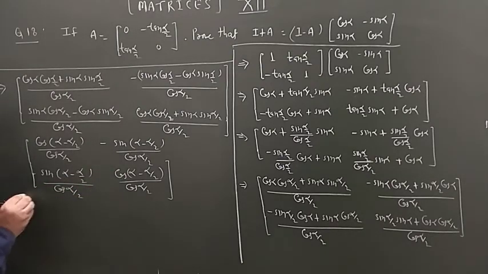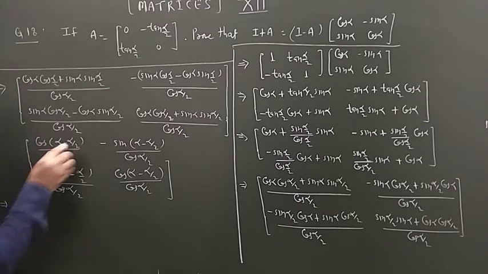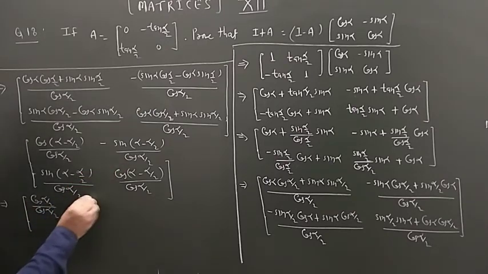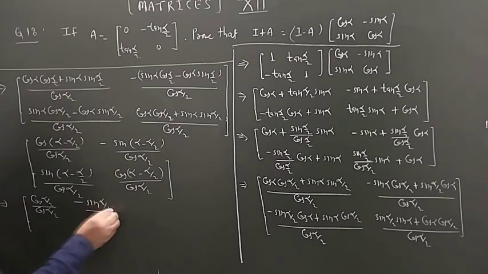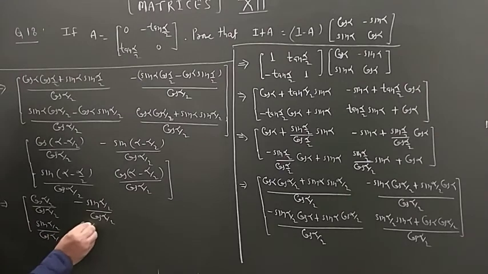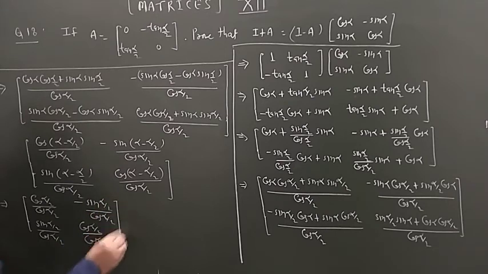This again can be written as cos alpha by 2 upon cos alpha by 2 minus sin alpha by 2 upon cos alpha by 2. Here sin alpha by 2 upon cos alpha by 2, and there cos alpha by 2 upon cos alpha by 2.